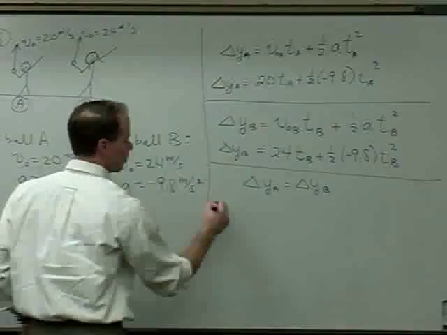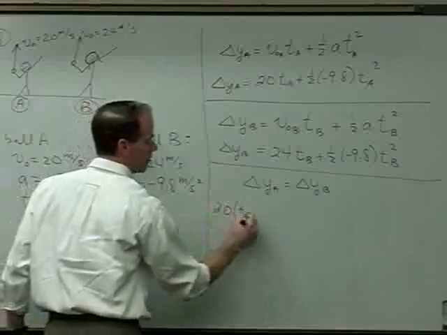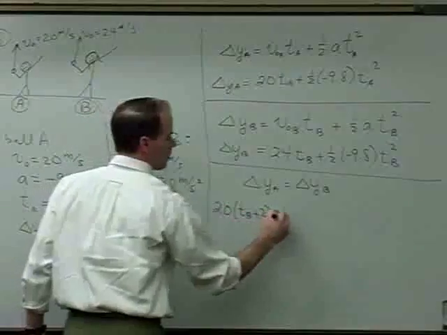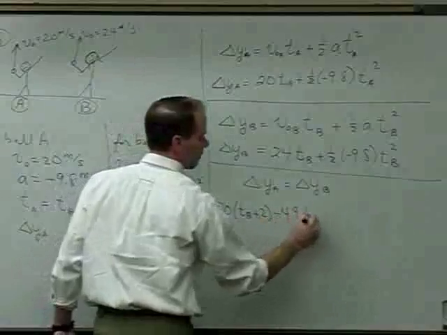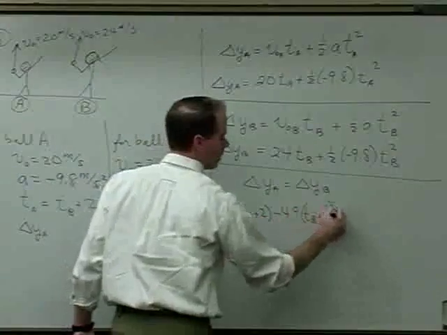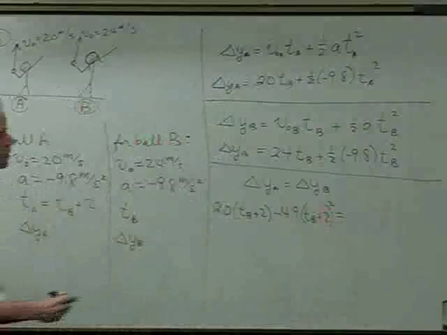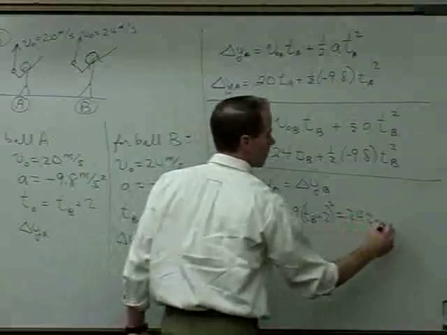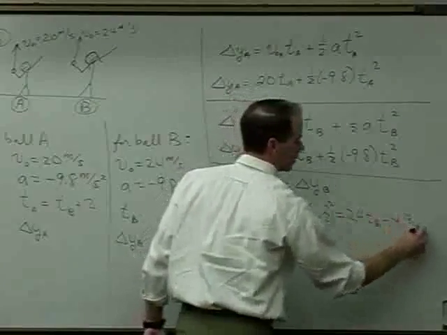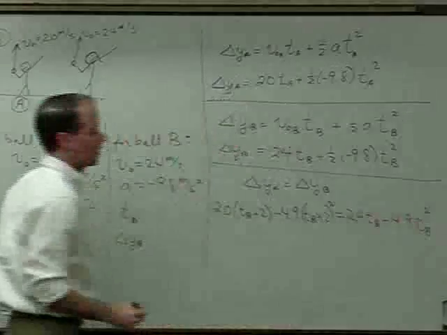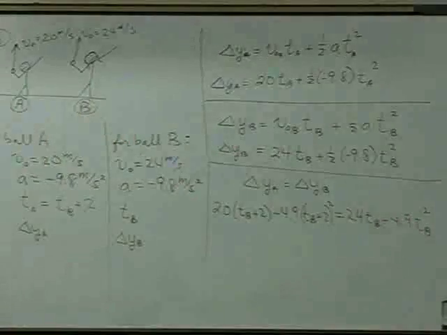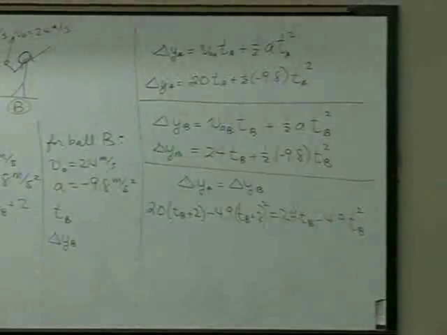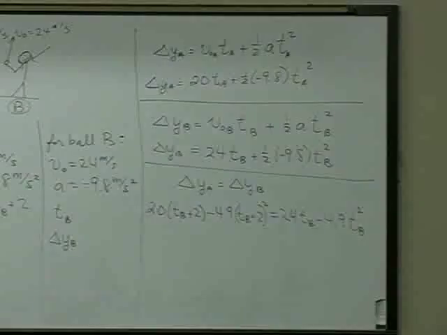So we're going to have 20 times (time for B plus 2) minus 4.9 times (time for B plus 2) squared equals displacement YB, which would be 24 times time for B minus 4.9 times time for B squared. All I did was set the two deltas equal to each other and substitute in for the time for A. I now have one equation with one unknown. It's solvable.